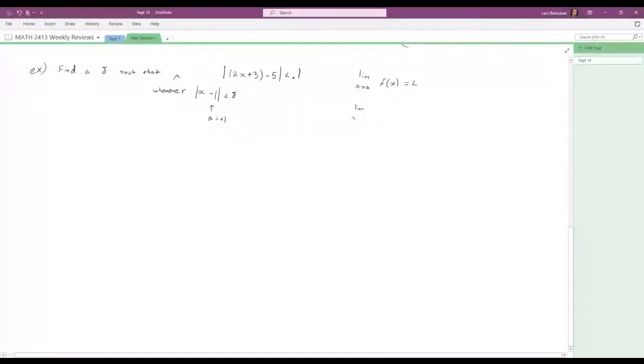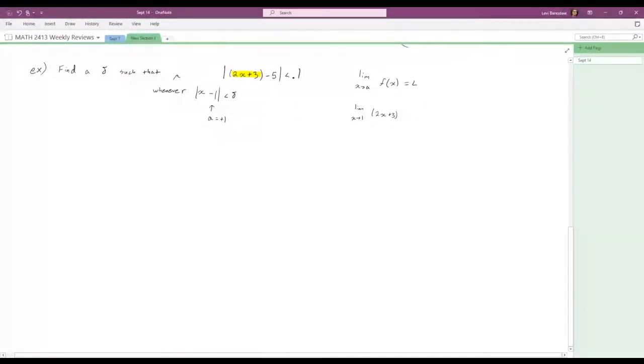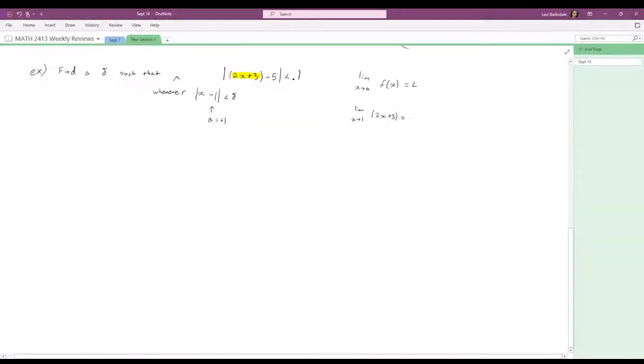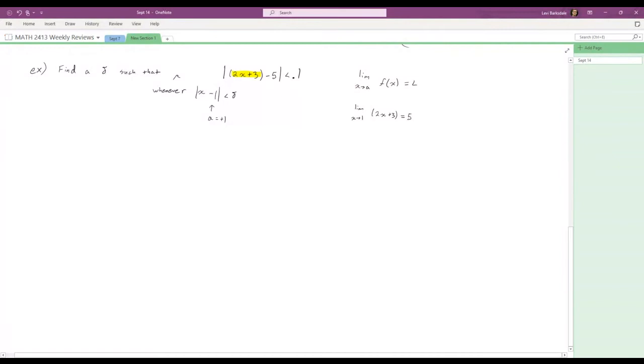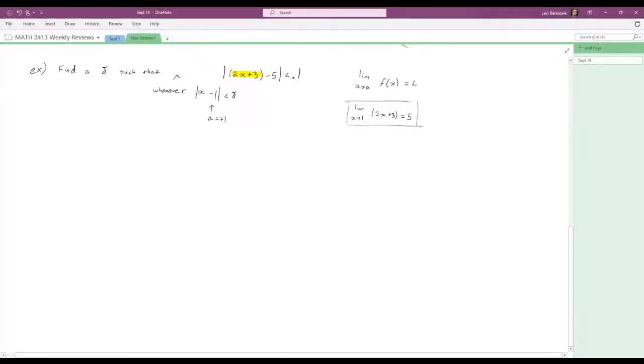So we would have the limit as x approaches 1 of f of x, which is 2x plus 3, equals 5. This is the limit statement, and this is the corresponding epsilon delta inequalities that we would need to write.